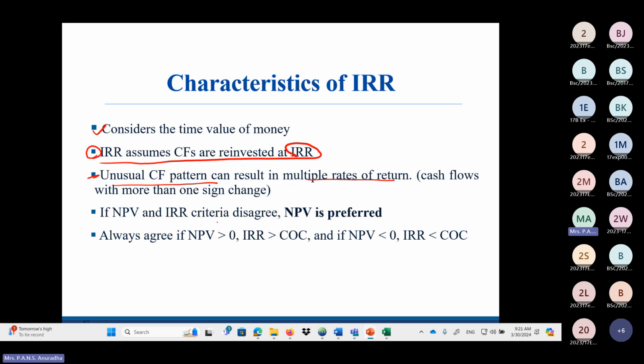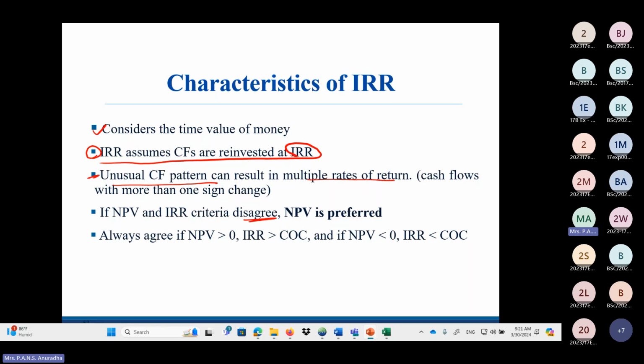If the NPV and IRR criteria disagree, suppose in your exam paper I have given a question asking which project you are going to select. Say two projects, A and B, are there. The NPV says project A is good, but when you calculate the IRR, you see that project B is the one.